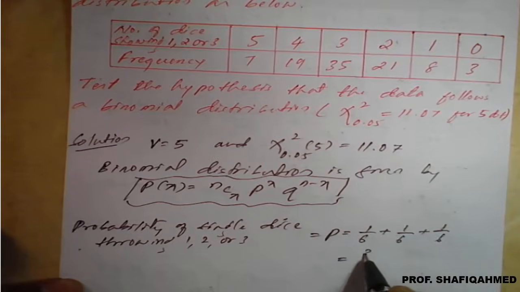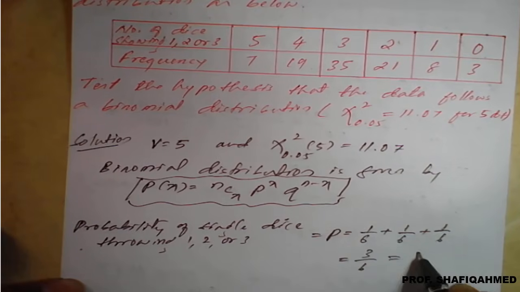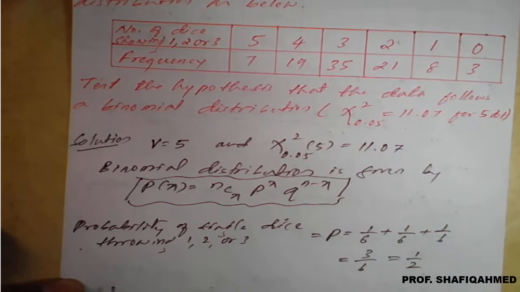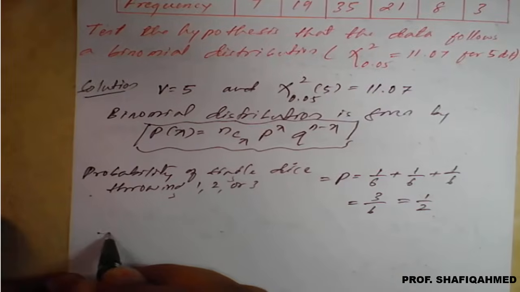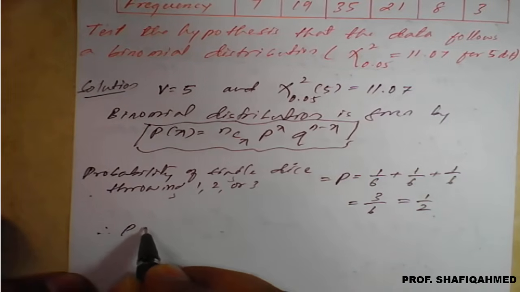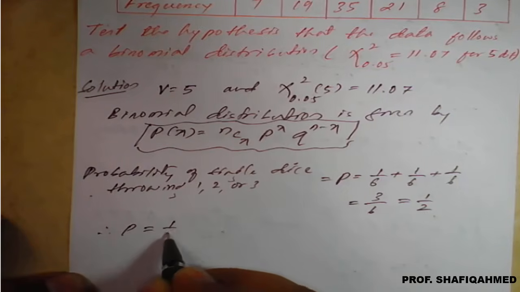So this is nothing but 3 by 6, which is nothing but 1 by 2. Therefore I can say that the probability of the given event is 1 by 2.